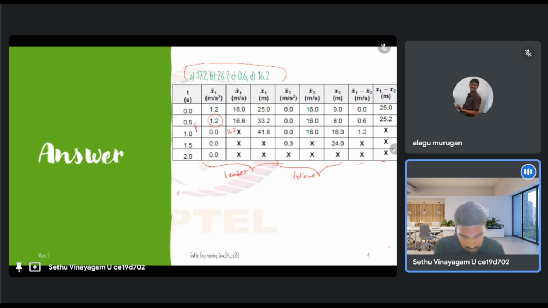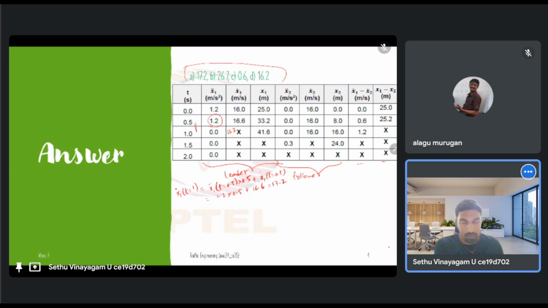So x dot 1 at time equal to 1 is equal to the acceleration times 0.5 plus x dot 1 at time equal to 0.5. This was 1.2 times 0.5 plus 16.6, which is equal to 17.2.